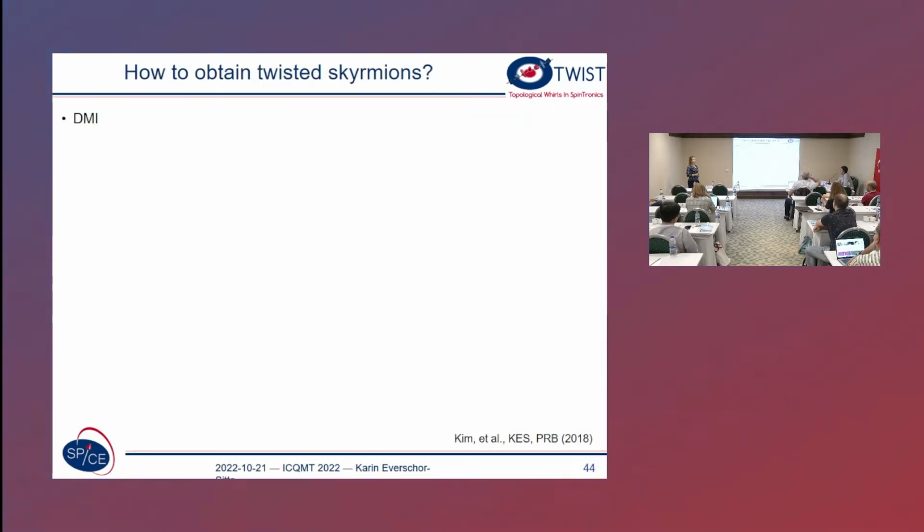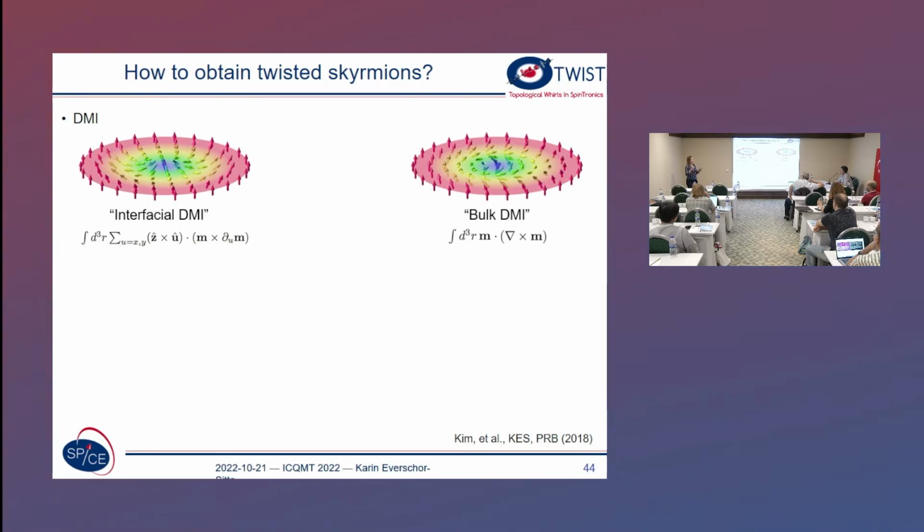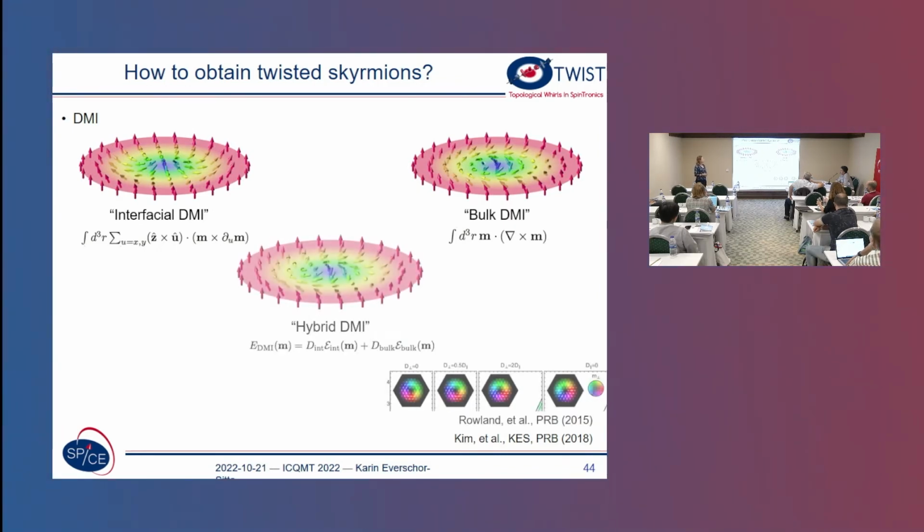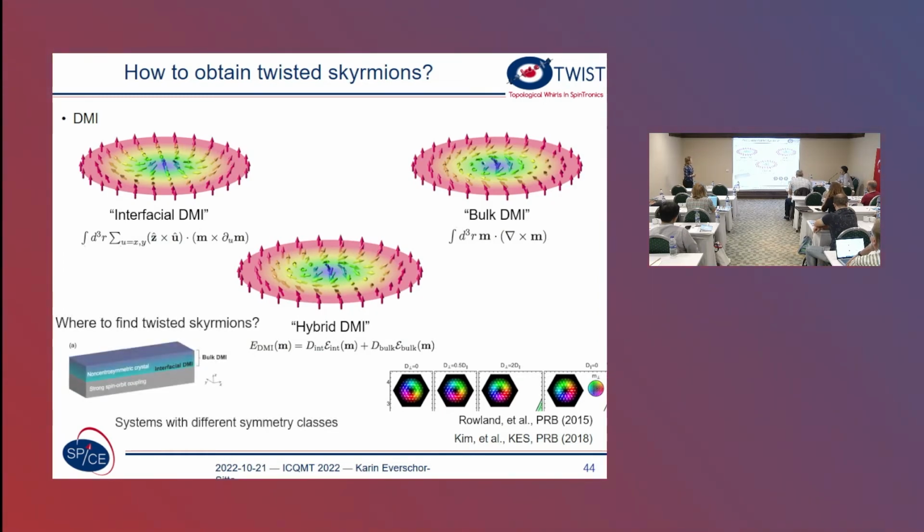So how do we obtain twisted skyrmions? I think you have them even in your materials, not only Bloch and Néel. DMI is the key ingredient. If we mix what is called interfacial and bulk DMI in the community, then we get hybrid types of DMI. Or we have dipolar interactions.